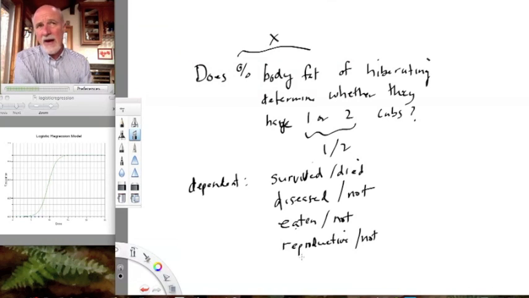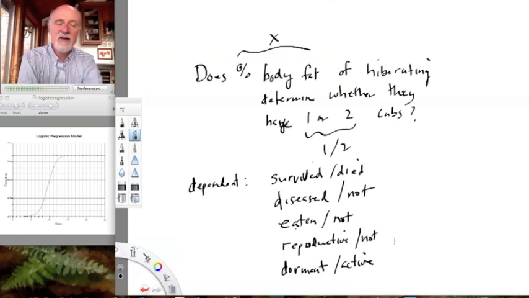But if y is just possibly 0, 1, or 2, well, that's kind of a nominal probability. Remaining dormant or becoming active, in the case of organisms with dormancy. So there are lots of very interesting y variables that we want to explain, and often they're functions of continuous x variables, and we want to test those hypotheses with logistic regression.